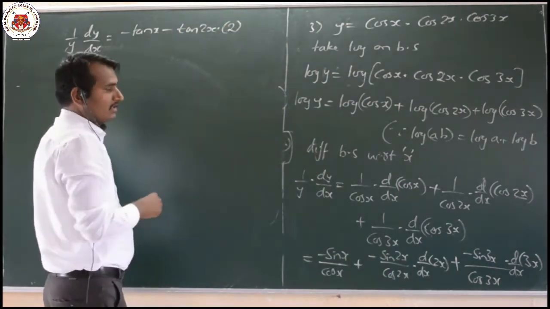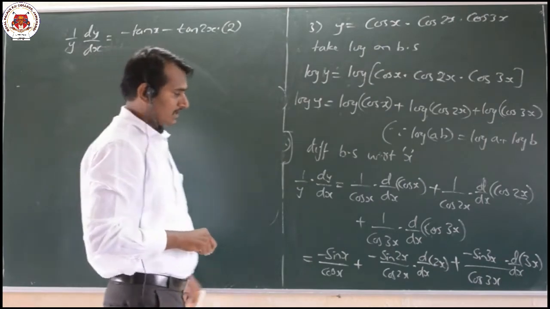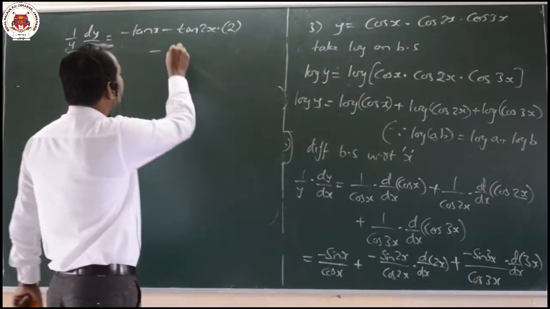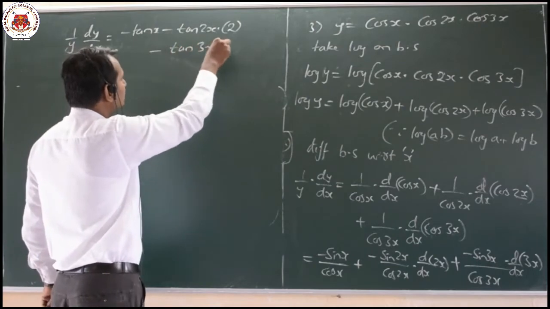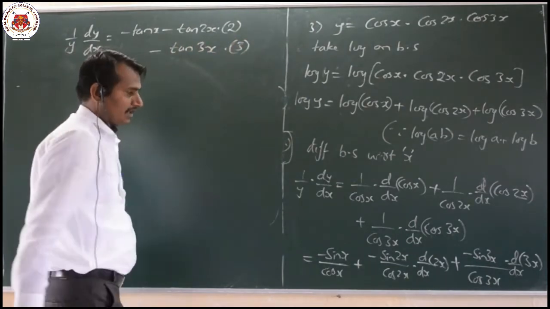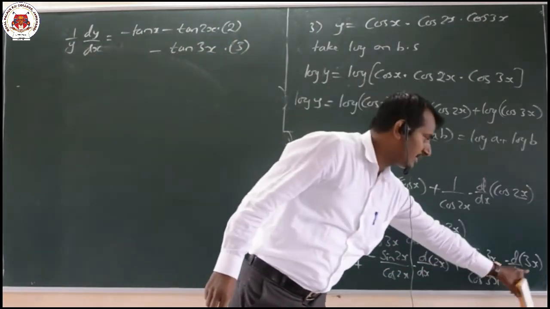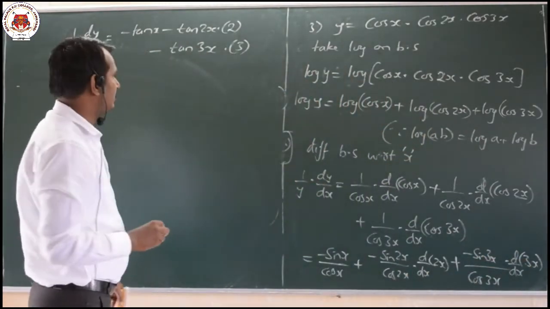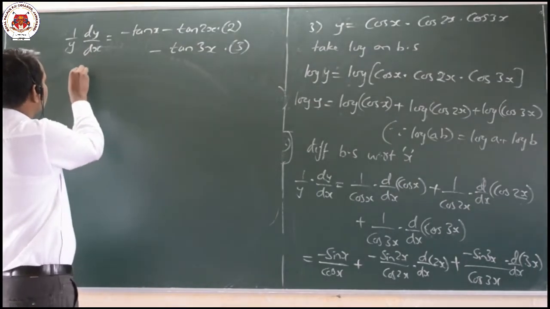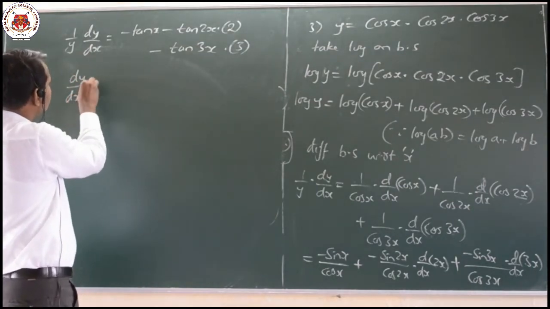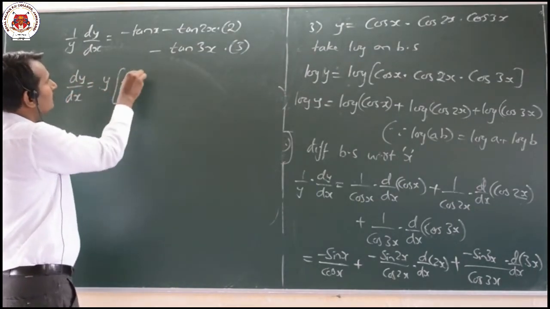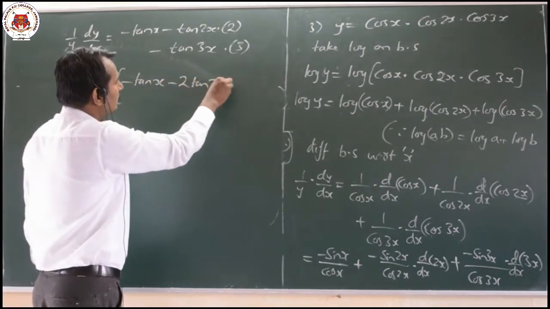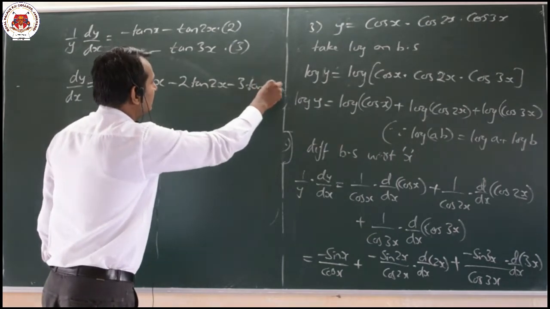At last minus of sin 3x by cos 3x, the value will be tan 3x, into 3. That is your required result. You can still simplify: dy by dx equal to y into minus tan x minus 2 tan 2x minus 3 tan 3x.